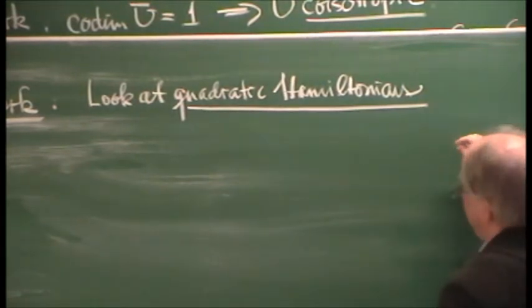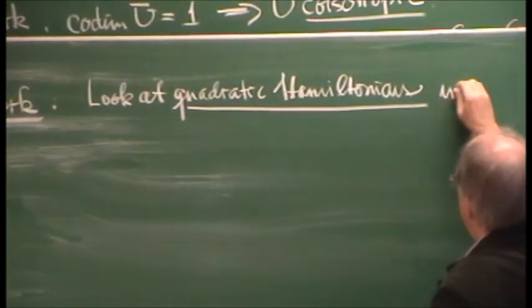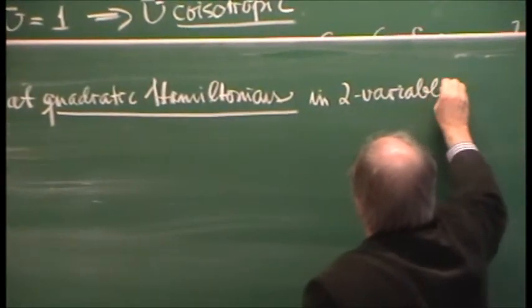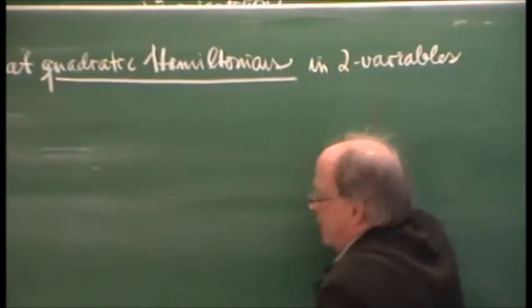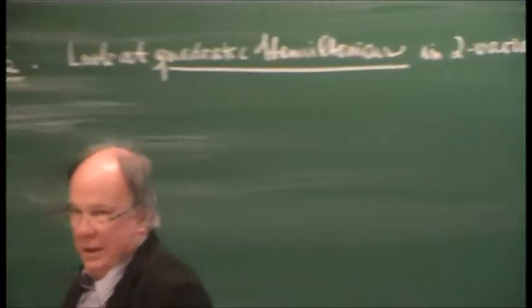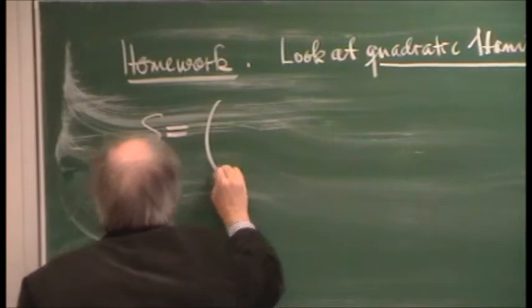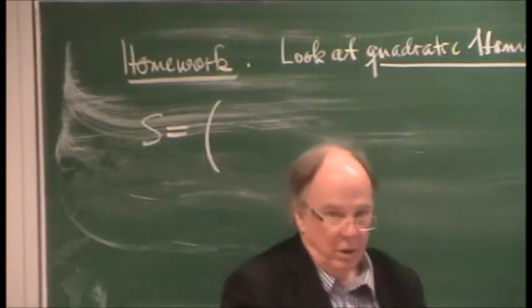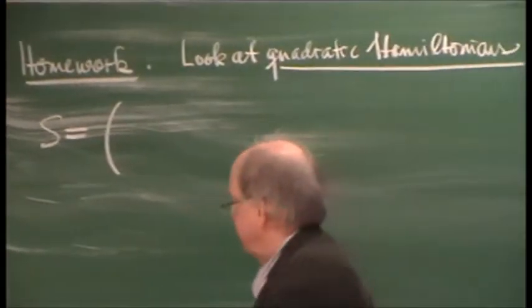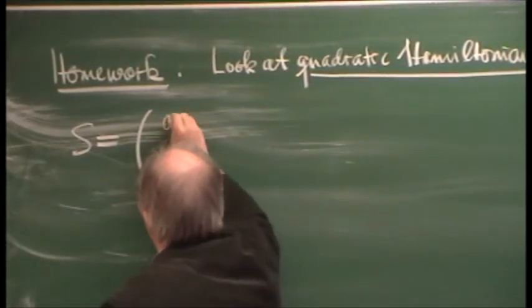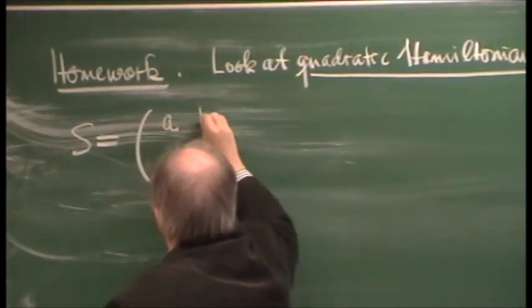So a quadratic form in 2 variables. So this is a symmetric matrix. Quadratic form is a real quadratic form, quadratic Hamiltonian in 2 variables. A symmetric matrix. So what does that mean? A is anything in this case. B is anything.